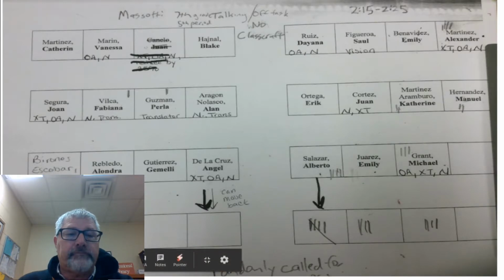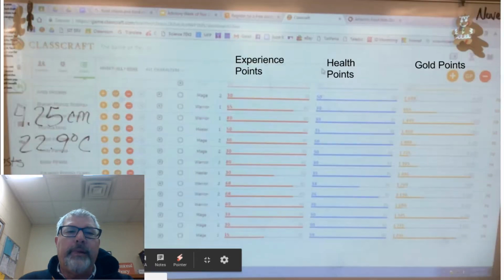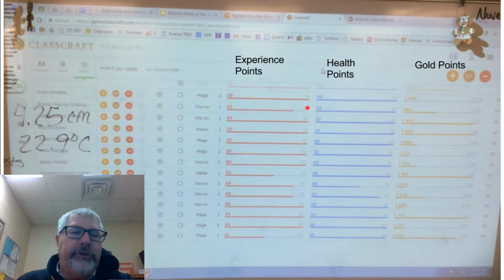Now, the next one. This shows a class that is using a gamification system called Classcraft. What happens is there are stated behaviors, nothing very fancy: be in class on time, be prepared with materials, have your homework done, things like that, behaviors that the teacher wants to focus on.